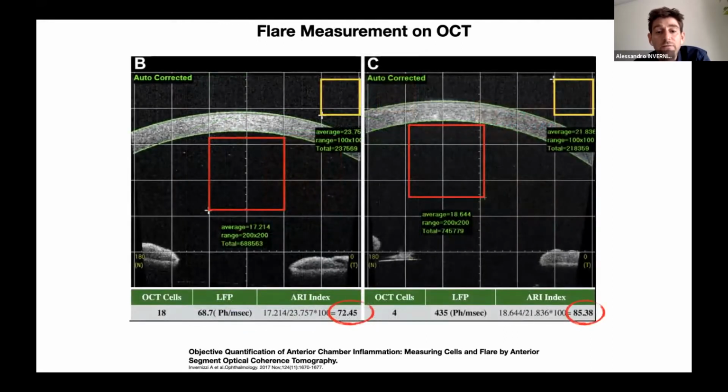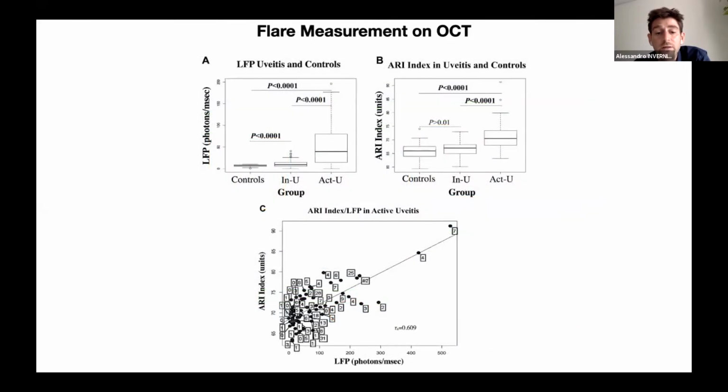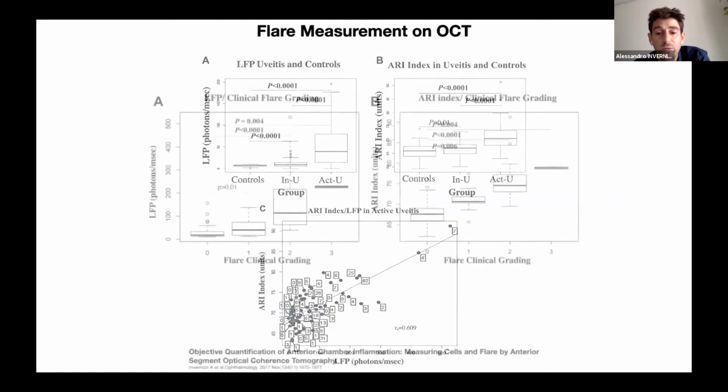Interestingly, even if our eye is not able to see any difference between these two images in terms of reflectivity, after correcting for the air reflectivity, the final index gives us a different score. And this index performed quite well because it matched with the laser flare meter measurements and with the clinical grading as well.